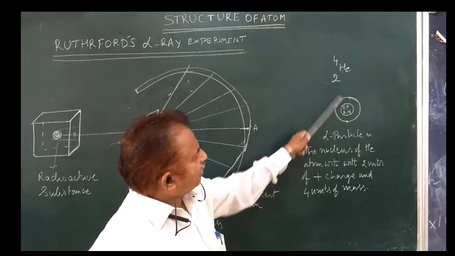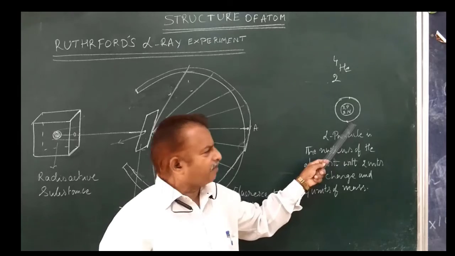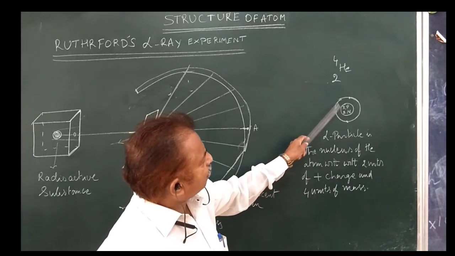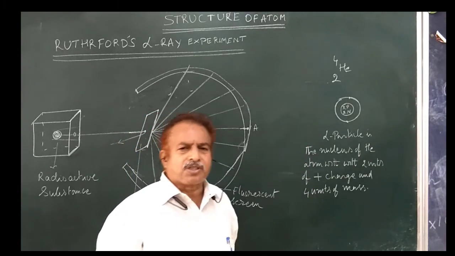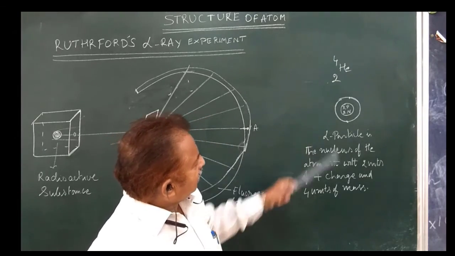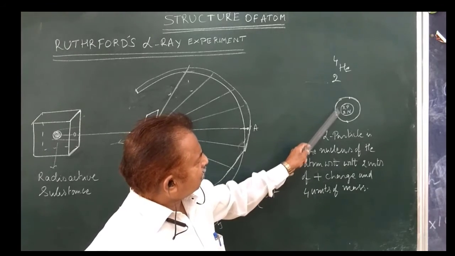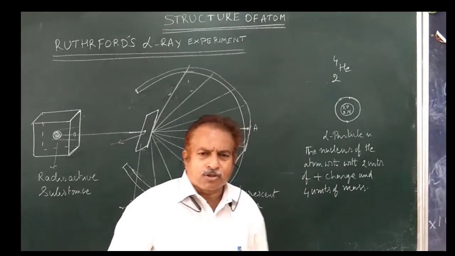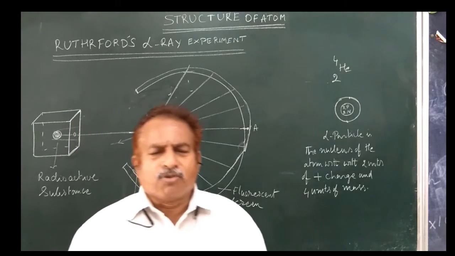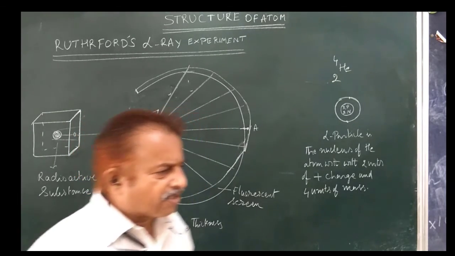Suppose these 2 electrons are removed, then this becomes the nucleus of the helium atom, and it carries 2 units of positive charge due to the presence of 2 protons, and it carries 4 units of mass due to the presence of 2 protons and 2 neutrons. So such a nucleus of a helium atom is an alpha particle.